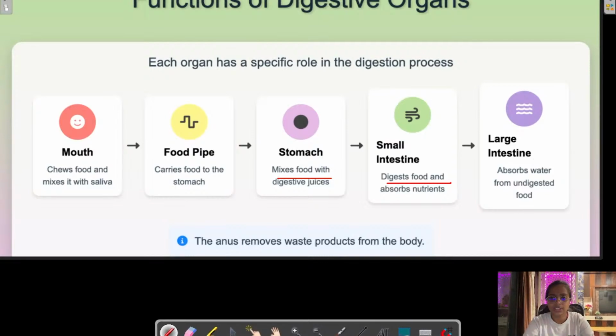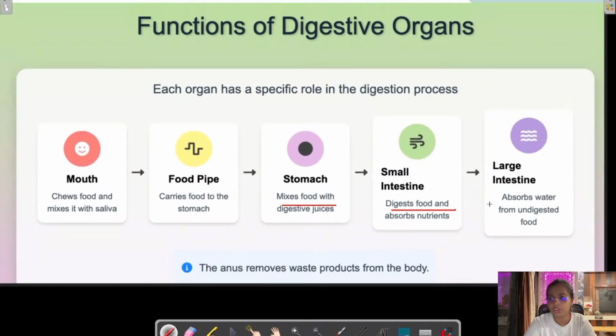This is the process I already told you. So these are the functions of the digestive system which I told you earlier in the previous slide, but here you can see this is how food travels. Okay, and every organ has its own role or function.